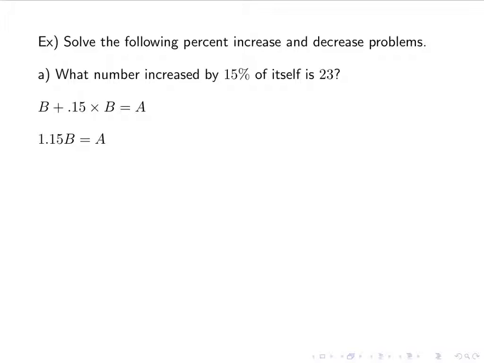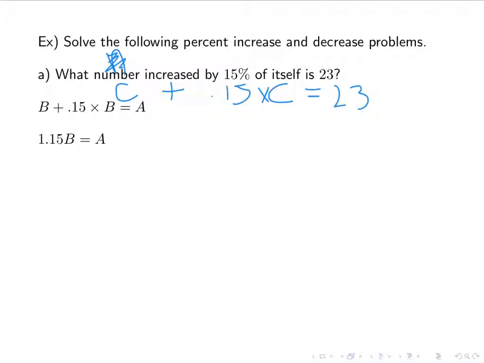So what number increased by 15% of itself? So really what this is saying is that I have a number, I don't want to call it a number, we'll call it C because I'm not sure right now if it's B or A. What number increased by 0.15 of itself is 23.